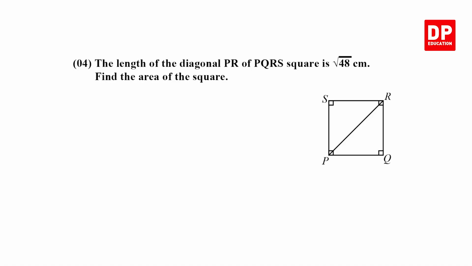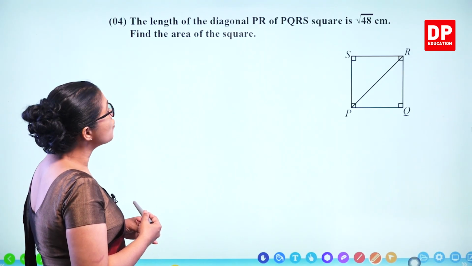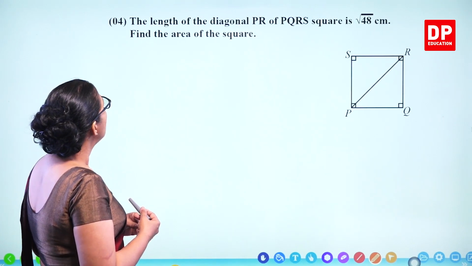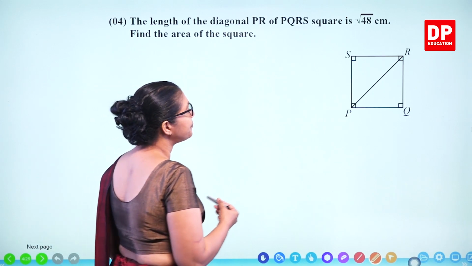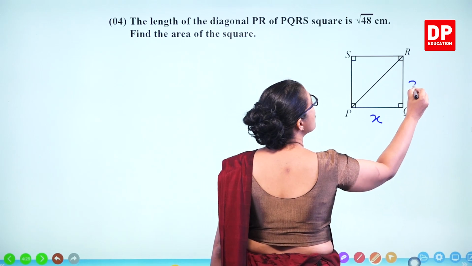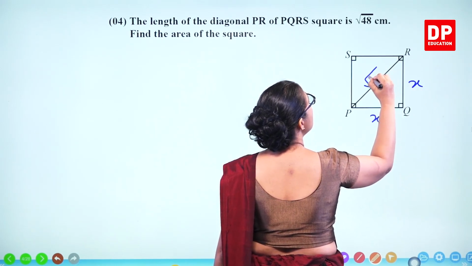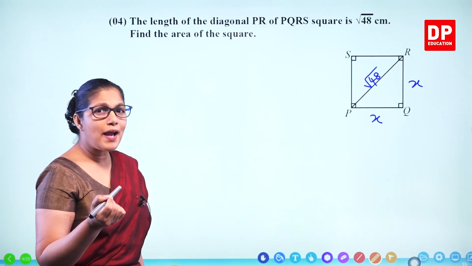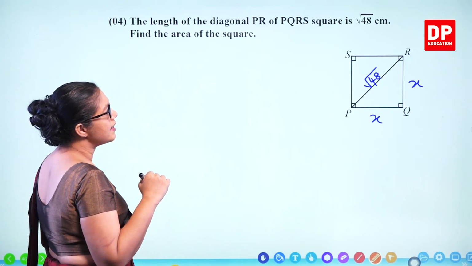Question number 4. The length of the diagonal PR of square PQRS is square root of 48. Find the area of the square. So if one length is x, this is also x, and this is given as square root 48. Now you can use Pythagoras theorem because a 90-degree angle is there.